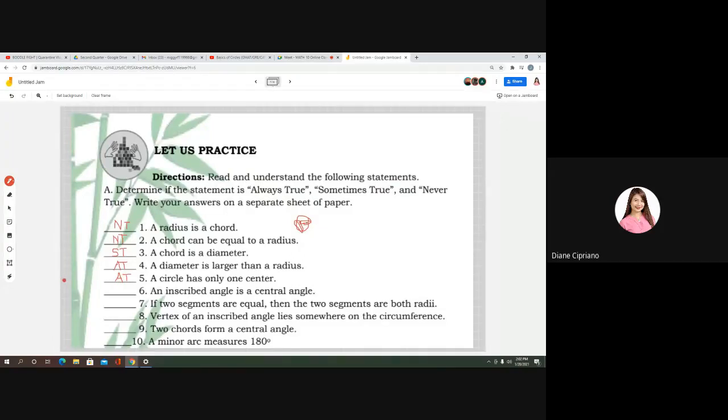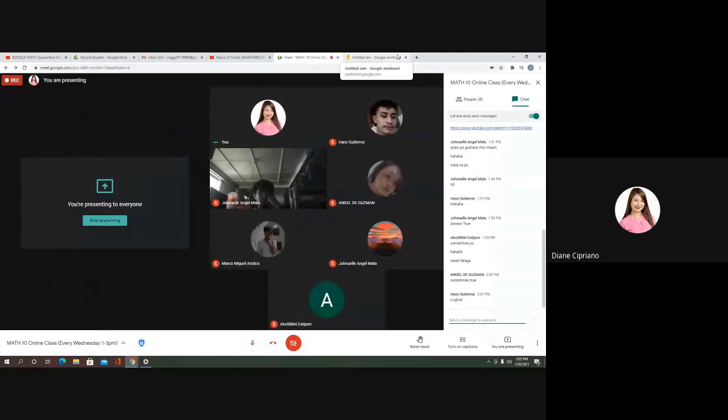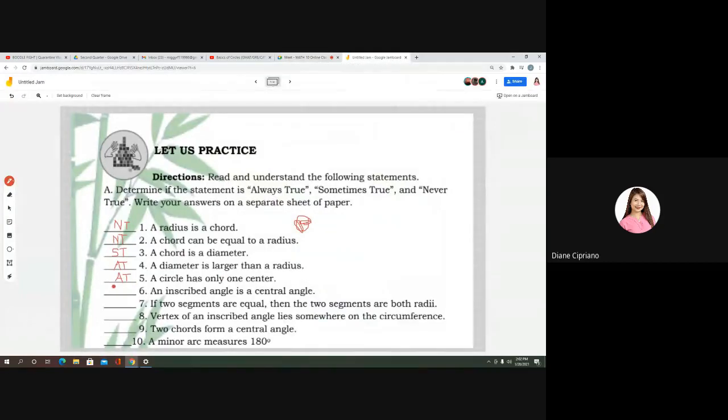Number 6, an inscribed angle is a central angle. Yes, Angel. Never true. Okay. Thank you so much. And that's correct. Because in a central angle, the vertex is on the central point. The inscribed angle, the vertex is on the edge of the circle.